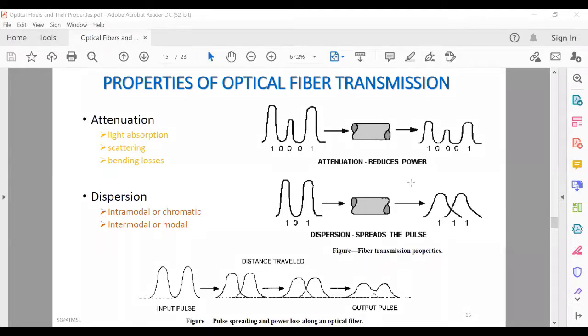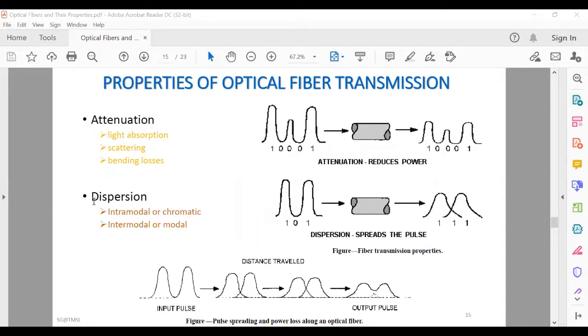Once the power of an optical pulse is reduced to a point where the receiver is unable to detect it, an error occurs. This attenuation is mainly a result of light absorption, light scattering, and also bending losses.